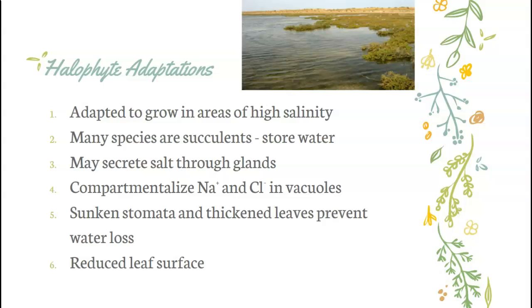So instead of keeping Na and Cl together as salt, they separate the two. So they keep sodium separate from chloride, and then if they get too much salt water, they actually secrete salt, which is so cool. For 5 and 6, sunken stomata, thickened leaves, reduced leaf surface, that's the exact same type of adaptation that xerophytes have. The big difference here is the compartmentalization and secreting actual salt.